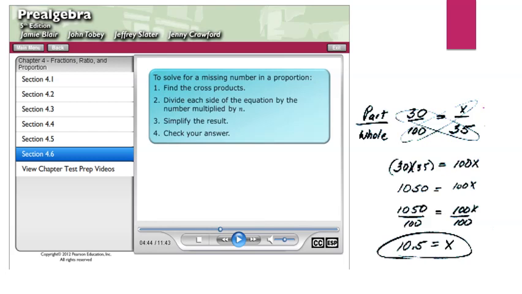You take the answer you found for x, which is 10.5, go back and replace the x in the original problem with 10.5, then find your cross products. They don't do that here. They work it out, but they don't check the answer. So please make sure you memorize these steps in finding the missing number in a proportion. Okay?